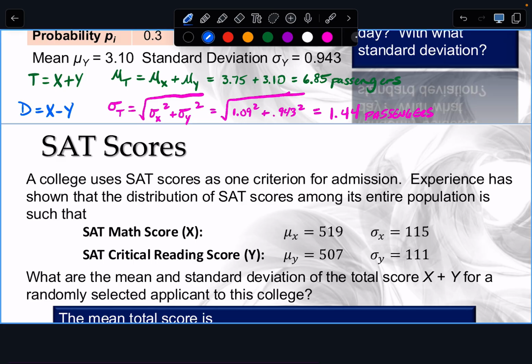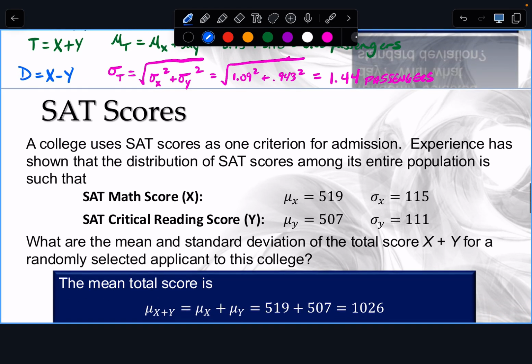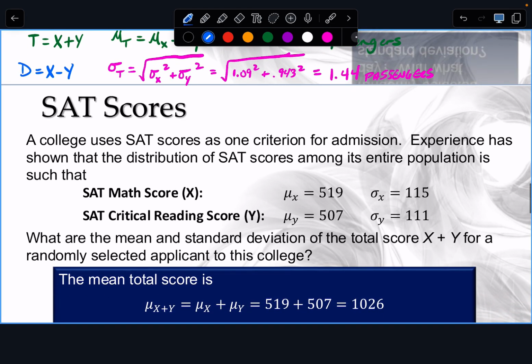I would add the means together. I would take the 519 plus the 507. So my mean for random variable x plus y would be the mean of x plus the mean of y.